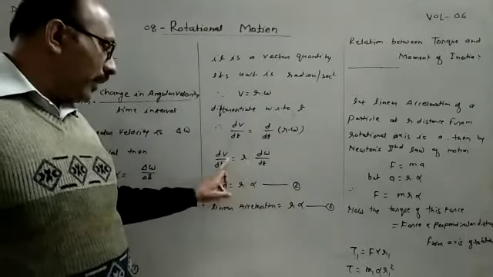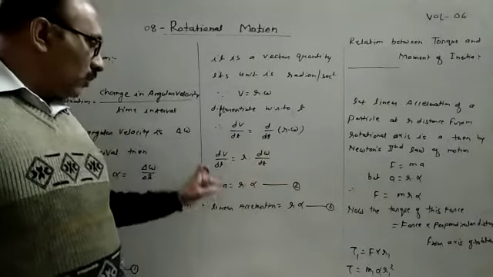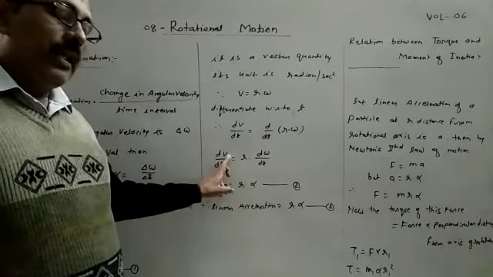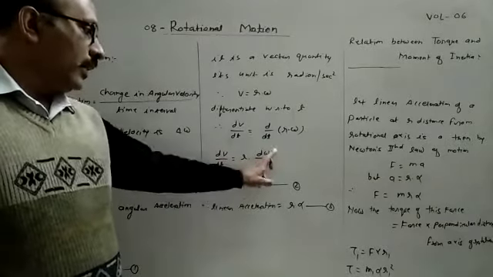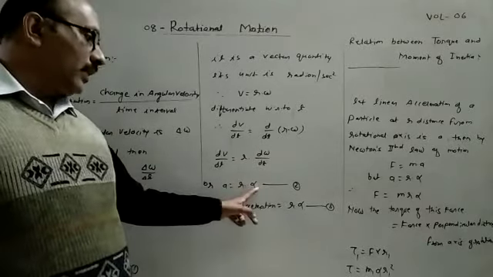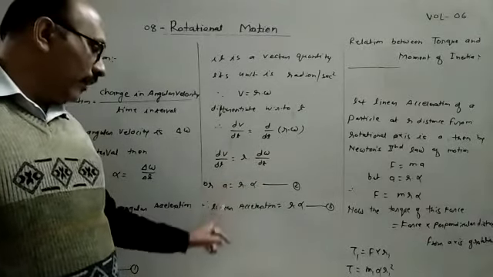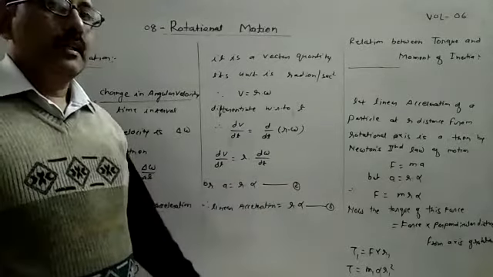Then dv upon dt equals r d omega upon dt. Now dv upon dt is a, r is as it is, and d omega upon dt is alpha. So that is the relation between angular acceleration alpha and linear acceleration a: linear acceleration a equals r into alpha.